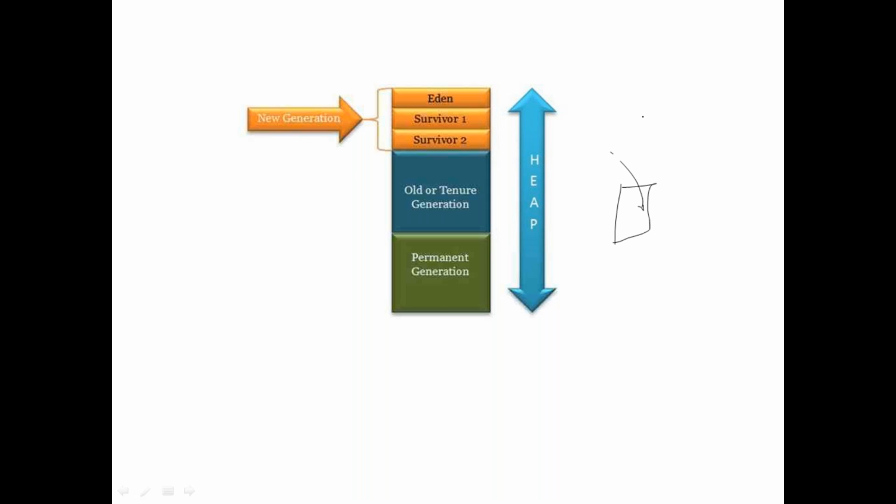For example, if in the program you said int i = 1, as soon as this instruction is executed, a small piece of memory in your heap is allocated to variable i, and 1 will be stored over here.